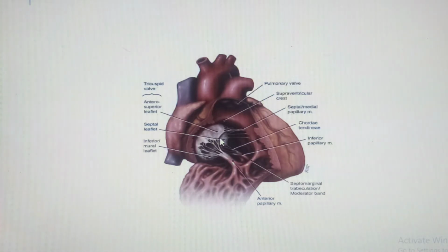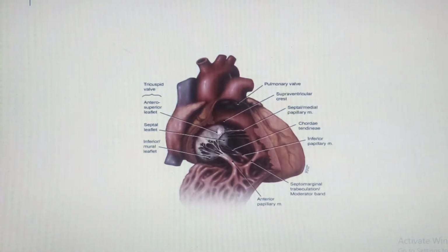This tricuspid valve has 3 cusps, as the name suggests: the anterior cusp, the posterior cusp, and another part closely opposed to the interventricular septum, which we call the septal cusp, or we can also call them leaflets.